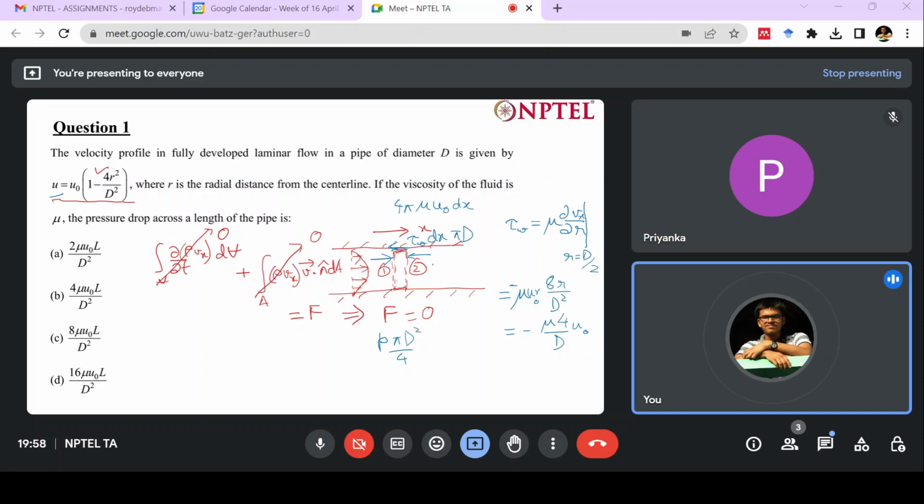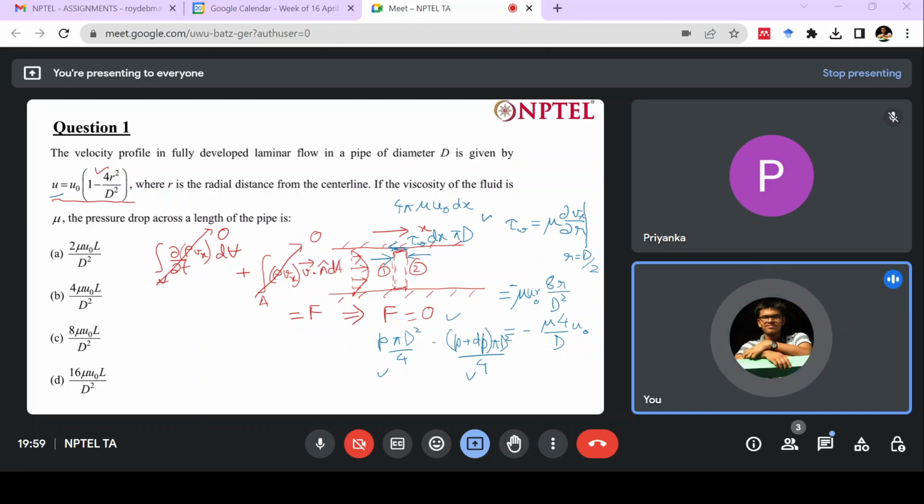The pressure at 2 will be different. Pressure at 2 will be P plus some dP, times pi d square by 4. So this is one force, this is another force, and this is another force. I have to equate all these three and put it equal to 0, since no external force is acting.